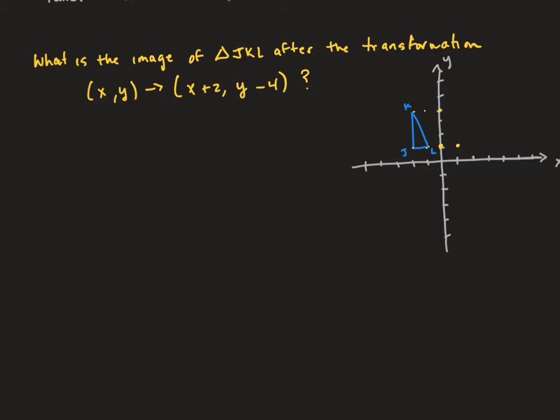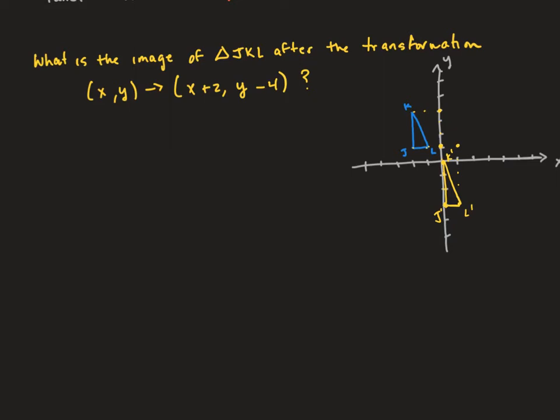And then it's telling me my y value is going to be negative 4, so I'm going to go down 4: 1, 2, 3, 4. So it looks like my new image is going to be right here. This is going to be L1, J1, K1. So there is my new image from my pre-image.